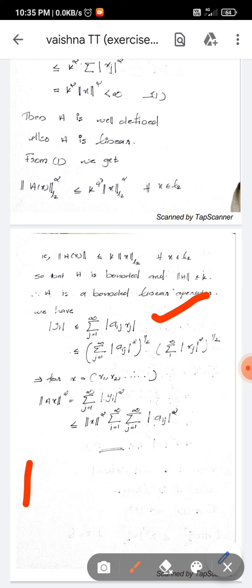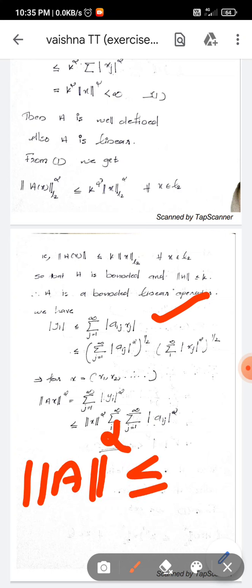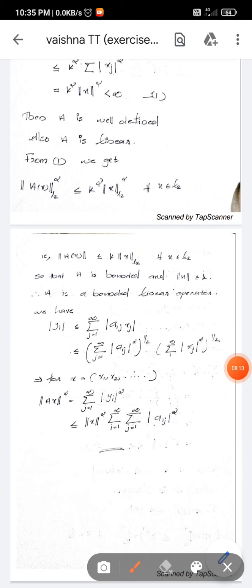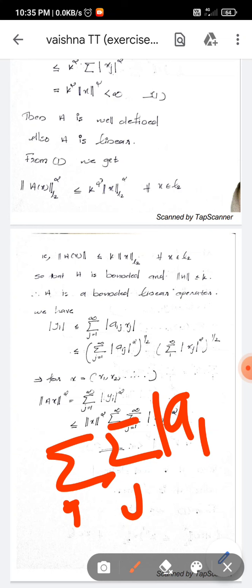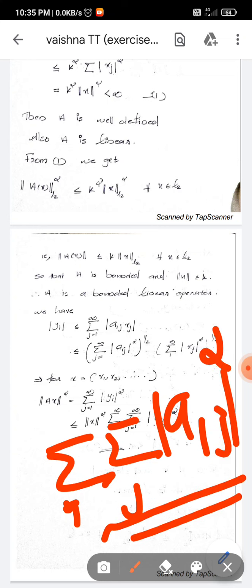Then we write norm A squared is less than or equal to the sum over i, sum over j, absolute value Aij squared. Thus we have proved the inequality.